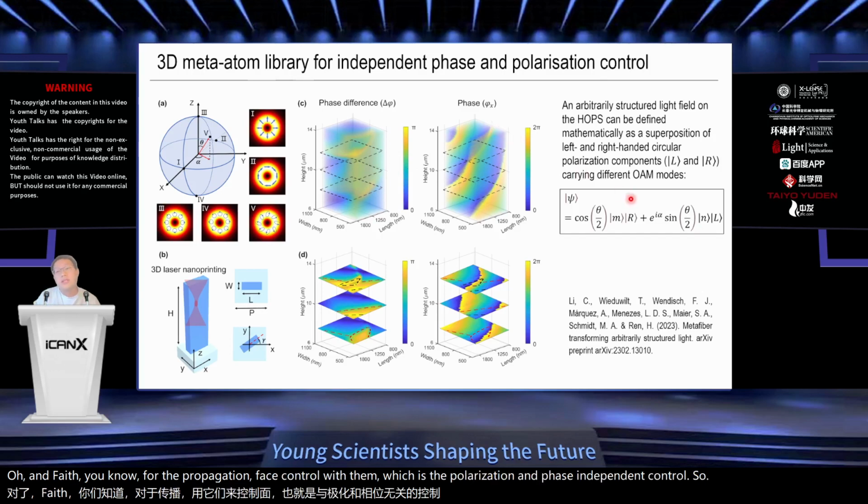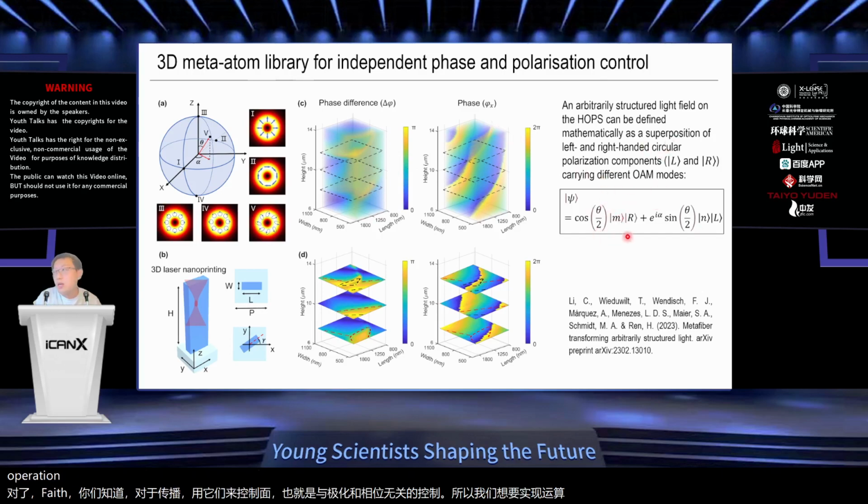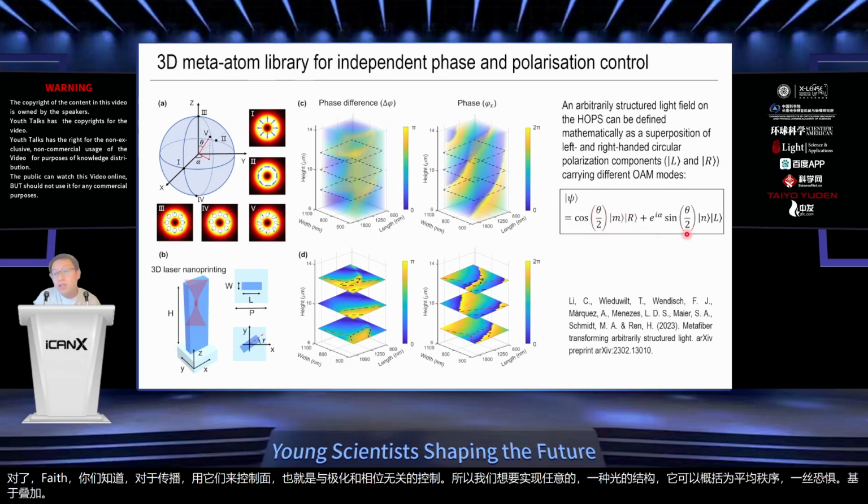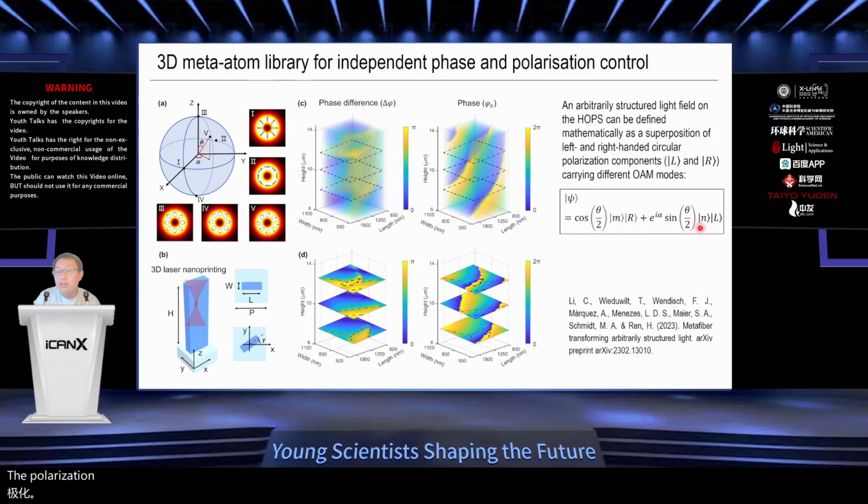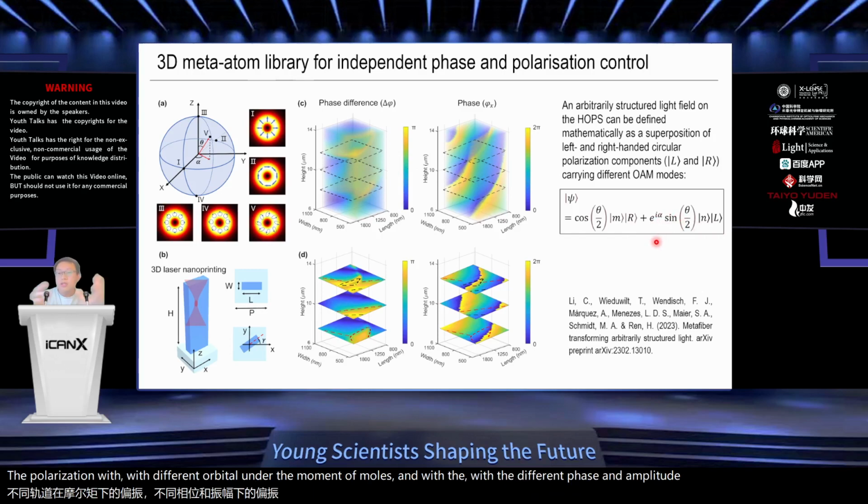So we wanted to realize arbitrary structured light, which can be generalized on the hybrid order Poincare sphere, based on the superposition of left-handed and right-handed circular polarization with different orbital angular momentum modes and with different phase and amplitude components.